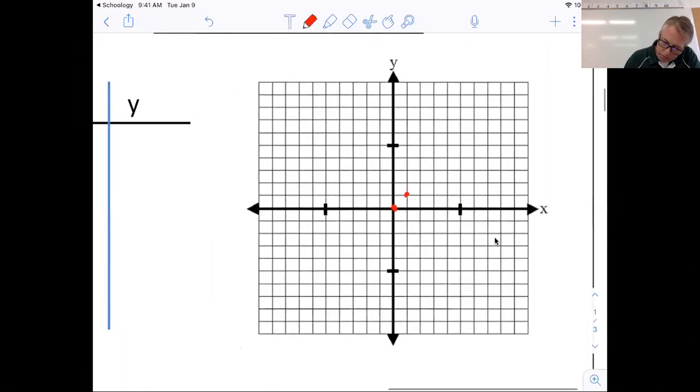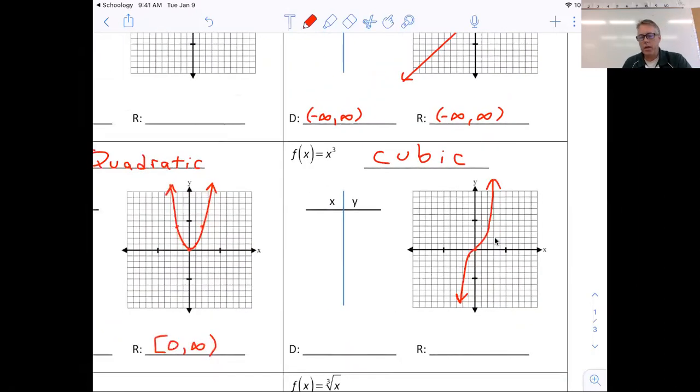However, when we go over 1 to the left, we go down 1, and the cubic graph looks like that. It kind of looks like you took a parabola, although it's not exactly parabolic, but kind of looks like you took a parabola and just flipped over that left-hand side of it. Okay, that's the basic shape.